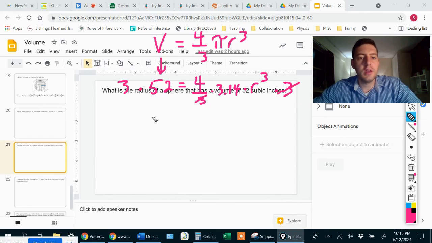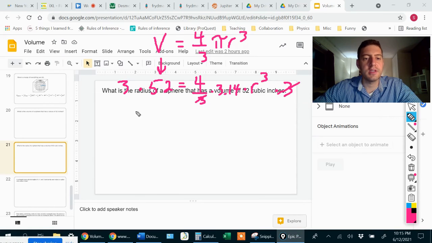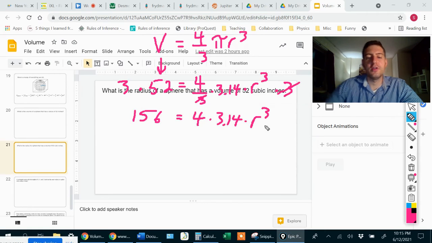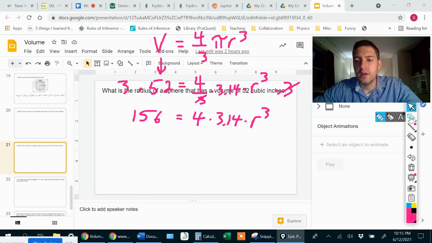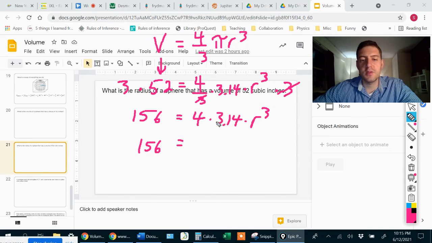So this would be 156 equals 4 times 3.14 times r to the third power. And then we have, so 156 equals 4 times 3 is 12. 4 times 14 is 56. So we're going to get 12.56 there. And then let's not forget the r to the third power.